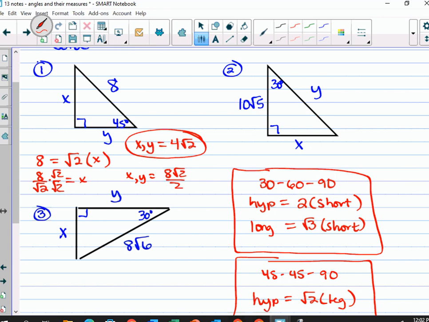Yeah, okay. All right, number 2, the 10 root 5. Is that the long leg, short leg, or hypotenuse? That is the long leg. So you need to use the equation that has long leg in it. So 10 root 5 will equal root 3 times the short leg, which in this case is x. So you're going to divide by root 3.